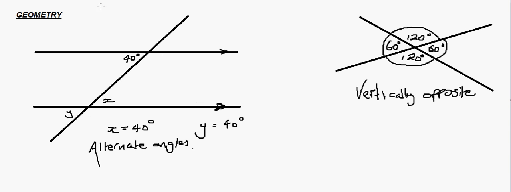Okay, so let's keep that one. Let's take this out and let's take this out. So we have X and X. Okay, now if they said under these circumstances, what is angle X?